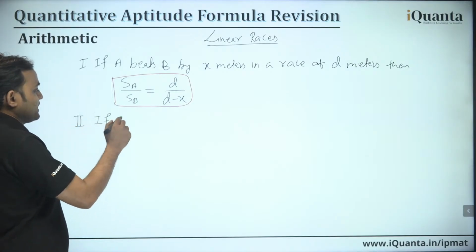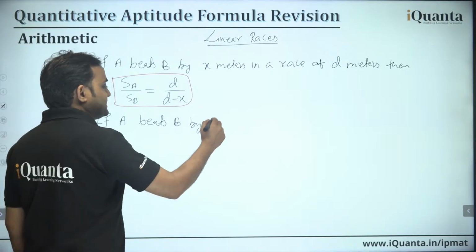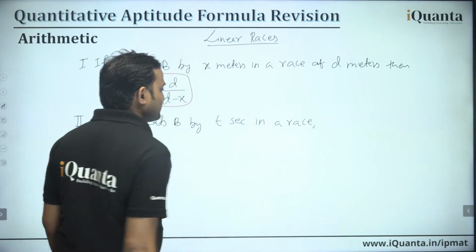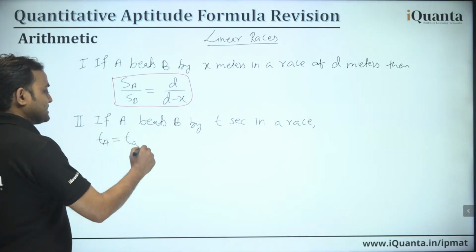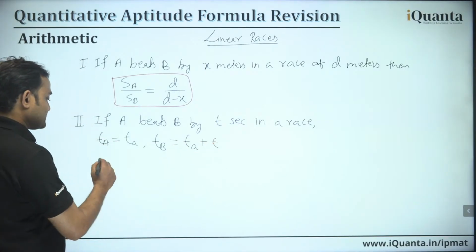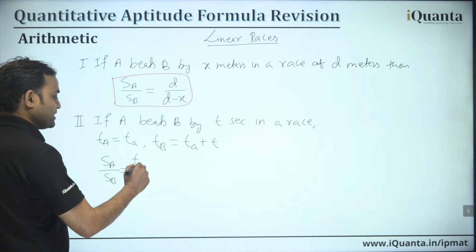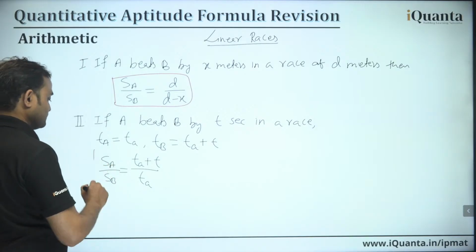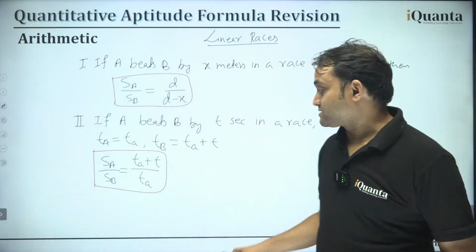Now, if A beats B by T seconds in a race, that means time taken by A is, let's say, TA, and time taken by B will be equal to TA plus T. So speed of A upon speed of B will be equal to total time taken by B upon total time taken by A, which is TA plus T upon TA. This is the ratio of their speeds, because both of them are covering the same distance.